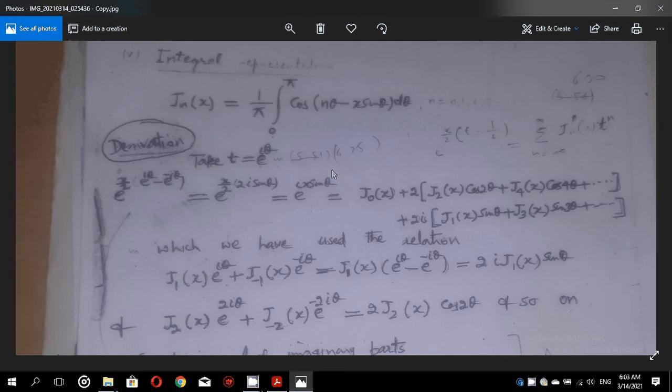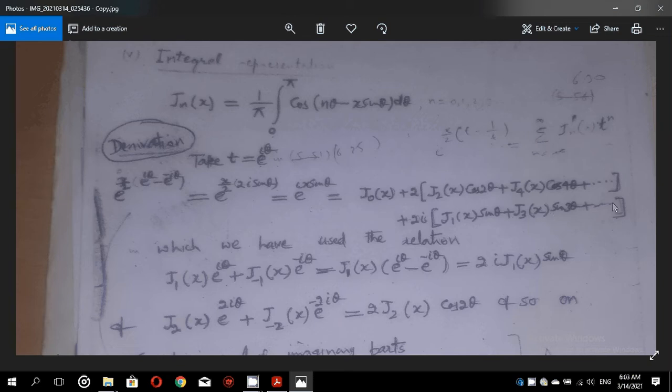So that is the right hand side of the generating function, and when we substitute t is equal to e to the power i theta in the right hand side, we get this equation: J_0(x) plus 2 into J_2(x) cos 2 theta plus J_4(x) cos 4 theta, etcetera, plus 2i into J_1(x) sine theta plus J_3(x) sine 3 theta, and so on.